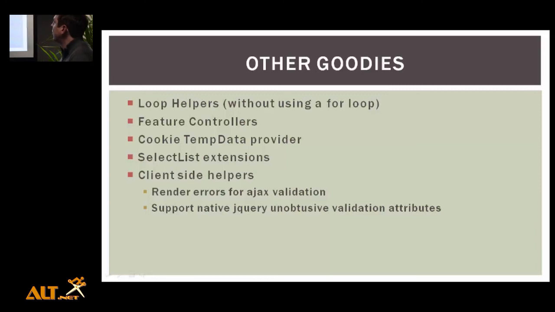And then there are some client-side helpers as well. If you wanted to fire off a request to do validation via Ajax, you can then call render errors, and that'll render all the errors in place where they should be. It also supports the native jQuery unobtrusive validation attributes, not the Microsoft ones that they packaged and did an adapter for. So you can either have the out-of-the-box Microsoft ones or the native jQuery ones.